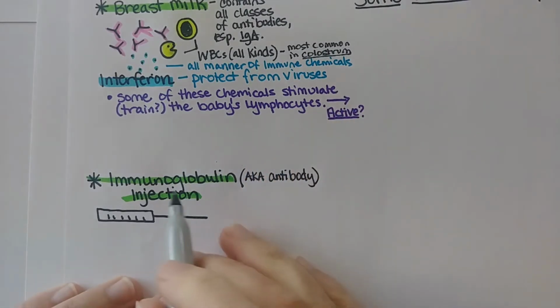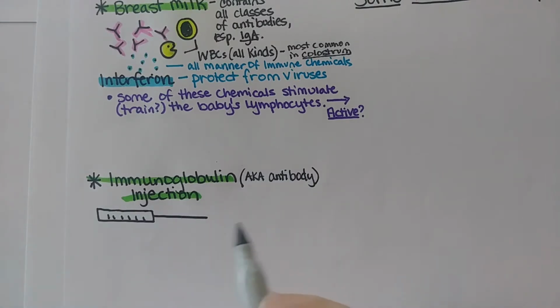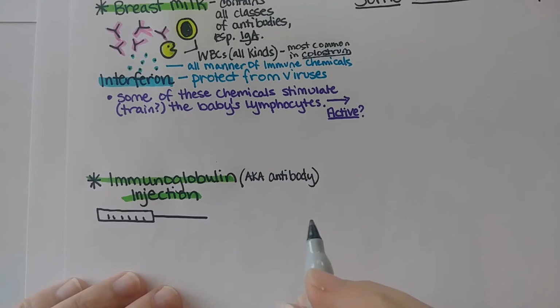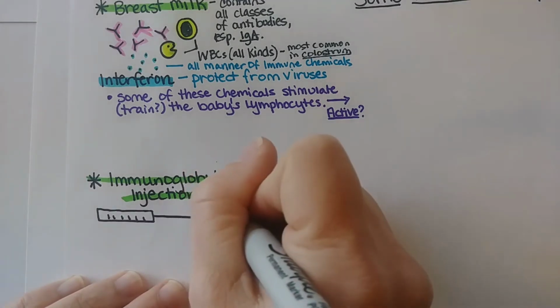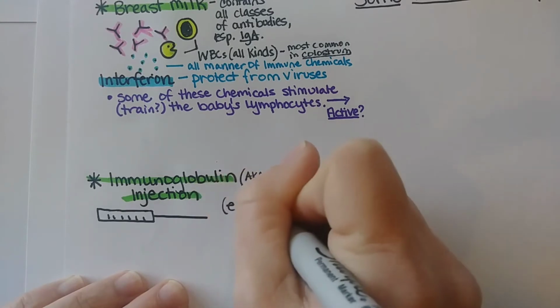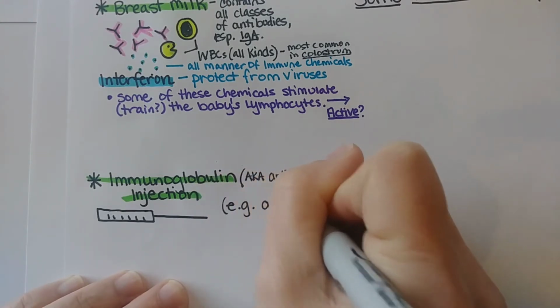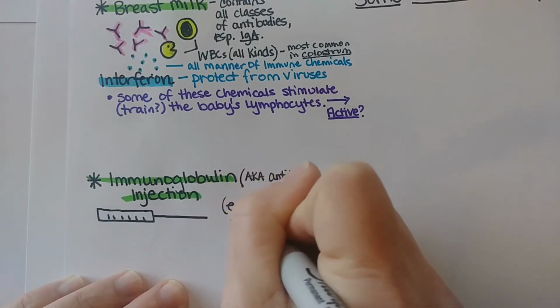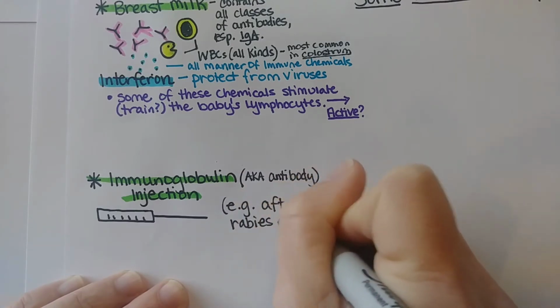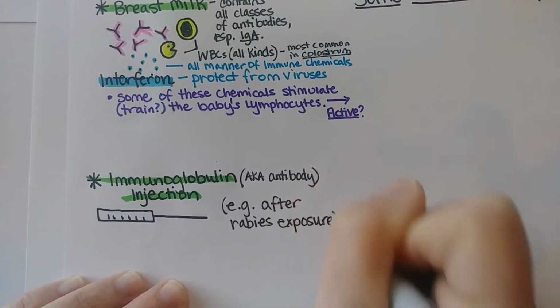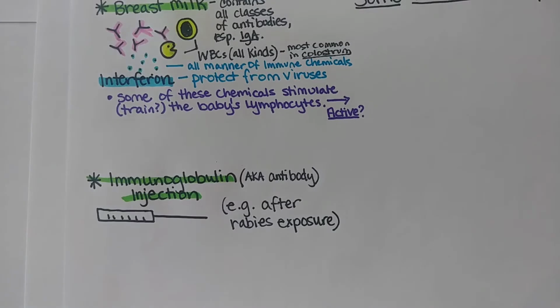So they can have antibodies that are primed to attach to the rabies virus, for example, and then keep you from getting rabies if you're exposed. So, for example, after rabies exposure. And that's only going to be short term as well.